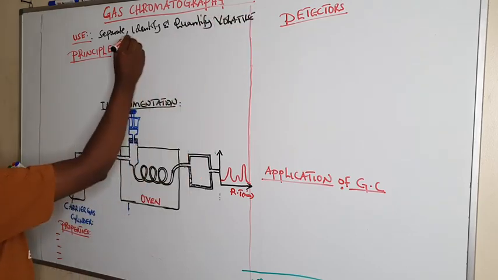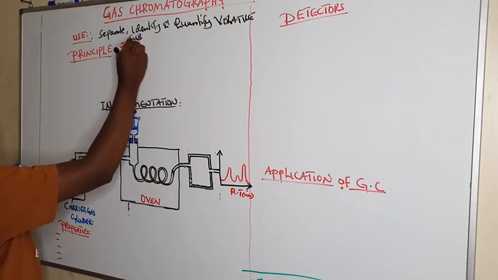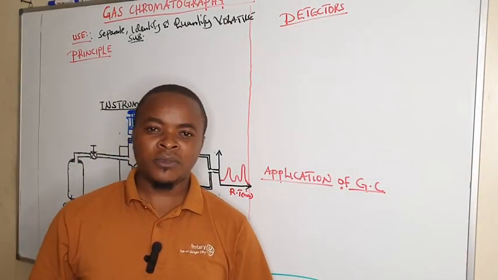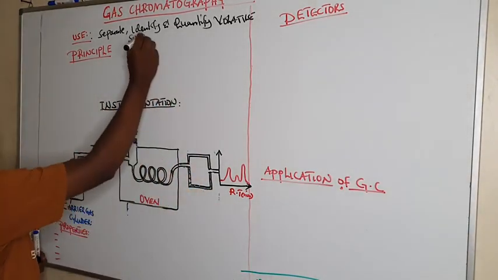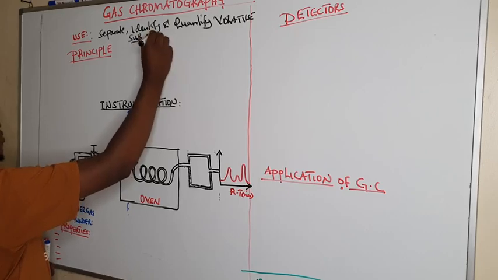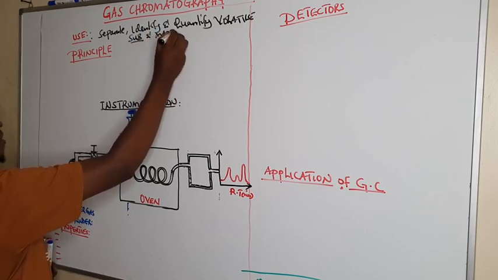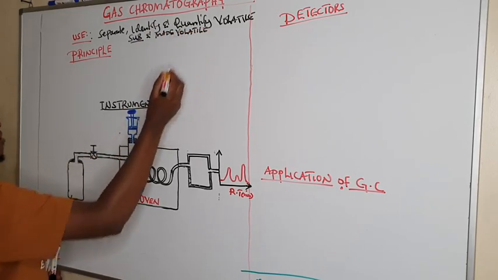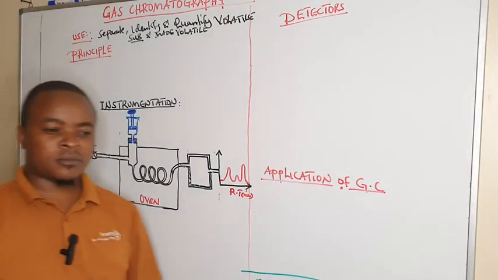So here we look at using volatile compounds, and those compounds which can be made volatile. There are those which are not volatile, but they can be made.